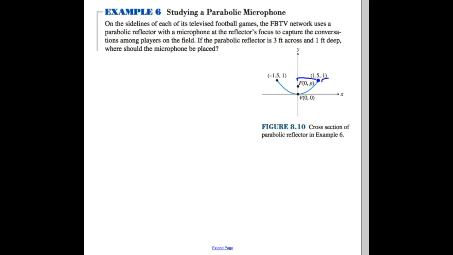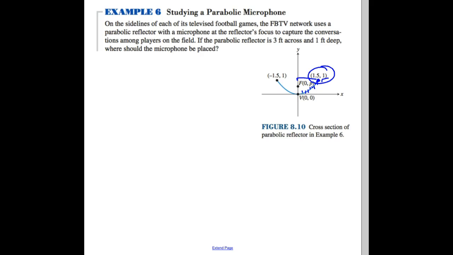Does that make sense? But again, that is not giving you the focal chord. That's just giving you the top of the reflector. But what it tells me is that any point on here, that x and y coordinate has to work in my equation. So I know that the point (1.5, 1) has to work in my equation for that parabola.